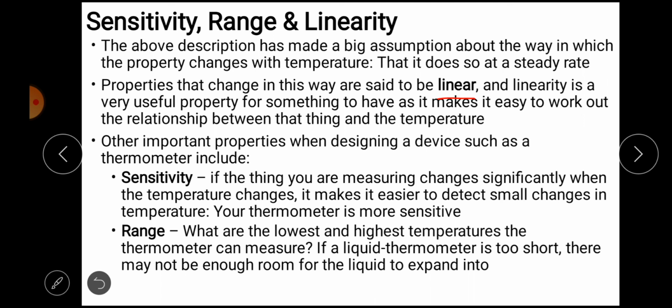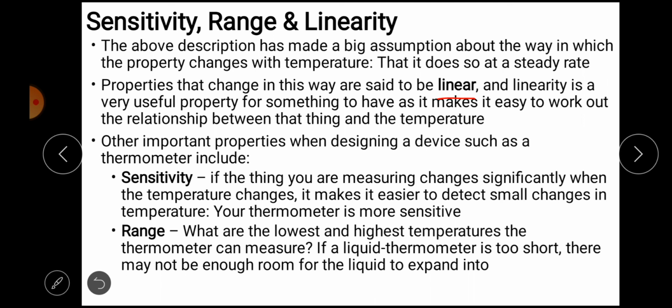So in other words, when we say it has to be linear, we mean there has to be the same change of the thermometric property for a given temperature change.